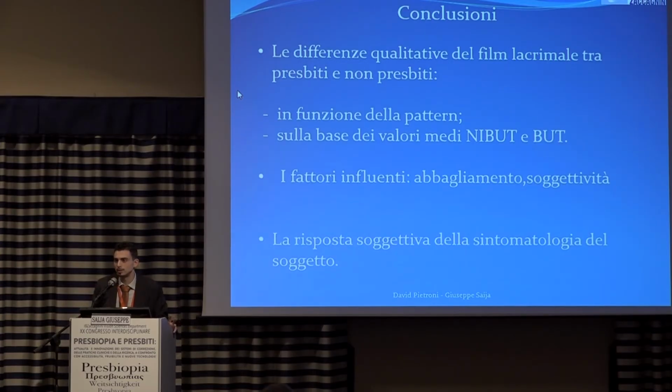This was true both as a function of the pattern and also in a direct comparison between presbyopes and non-presbyopes. We have decided to forget about the pattern of the lipid layer because between one blinking and the other there may be confounding variations.